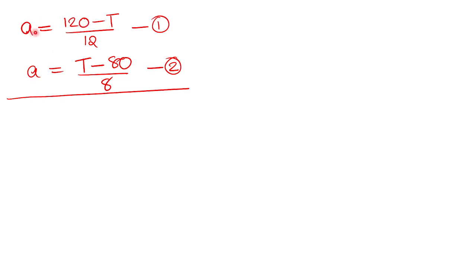This one is acceleration, this one is also acceleration. So I can equate them. 120 minus t divided by 12 is equal to t minus 80 divided by 8. Both are acceleration.